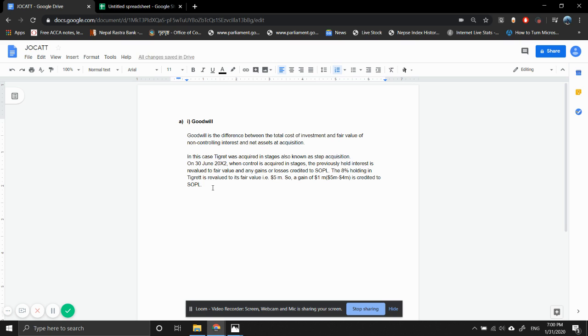The entry would be debit goodwill, 5 million, and then credit financial asset. Because we have a financial asset now, it needs to be derecognized, right?